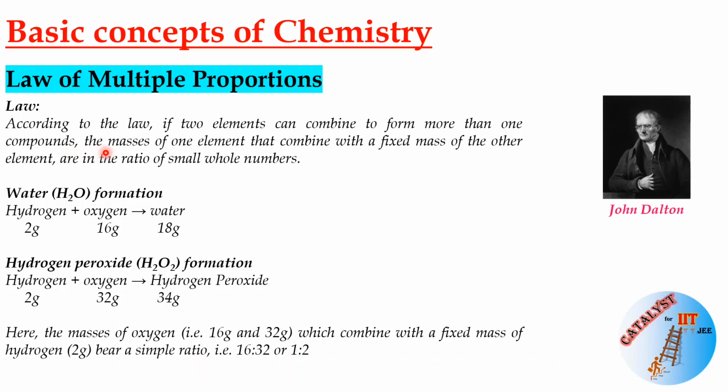What the law says is that the masses of one element, oxygen, that combine with the fixed mass of the other element, hydrogen, are in the ratio of small whole numbers. If you calculate the ratio of 16 gram and 32 gram, it will be 1:2, which is a simple whole number ratio. So this is the law. I hope you understand the concept of the law of multiple proportions.